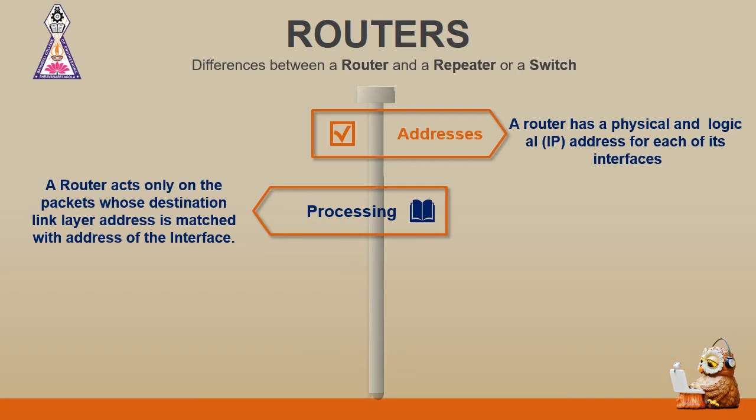The second difference is in terms of the processing of the information in the routers. The router performs operations only on those particular packets in which the link layer destination address matches the address of the interface at which the packet is received. When we consider the concept of a hub, there was no filtering involved.